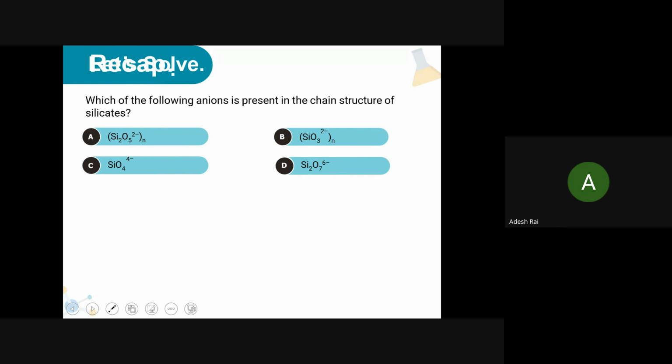In orthosilicate it was SiO4 4-, and after that was pyrosilicate. In pyro, one oxygen atom was shared, so it was Si2O7, and the overall charge was minus 6.